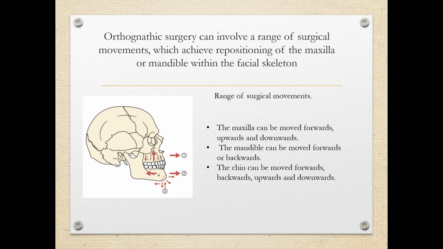This is particularly important for the class 3 cases with mandibular excess, where continued forward growth of the mandible after backward surgical repositioning can lead to the reappearance of reverse overjet if the surgery is carried out before growth has ceased.